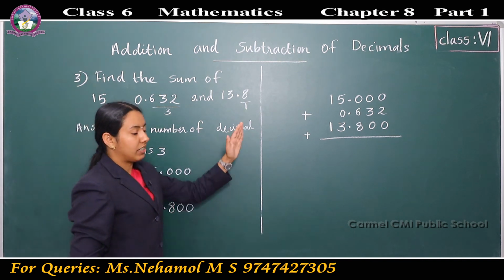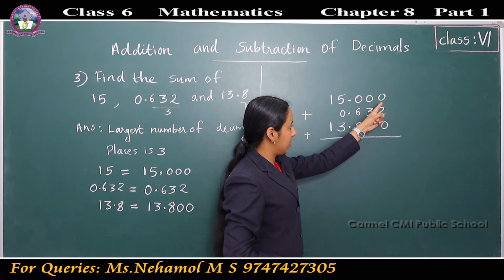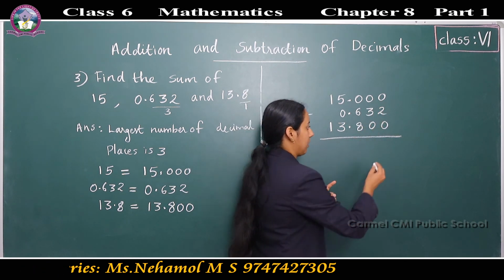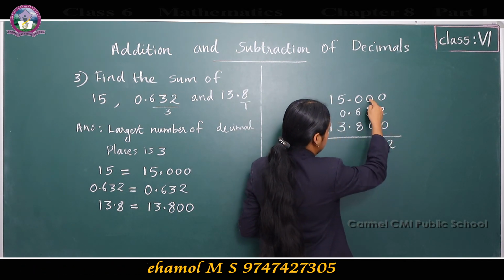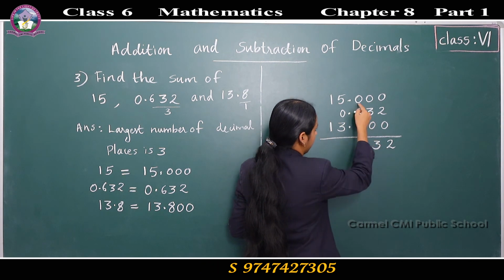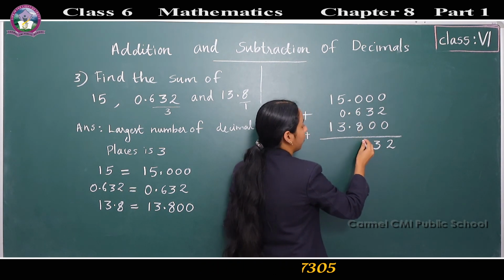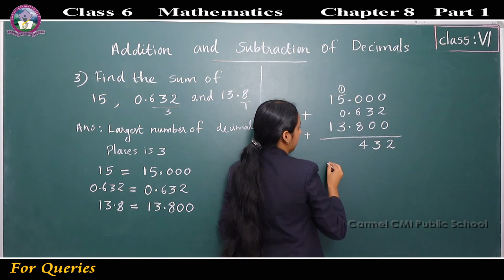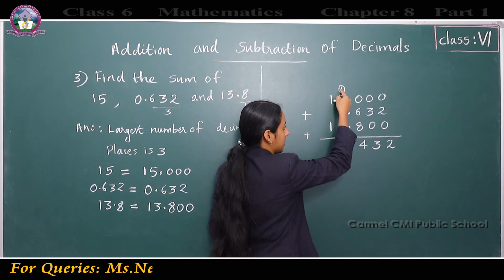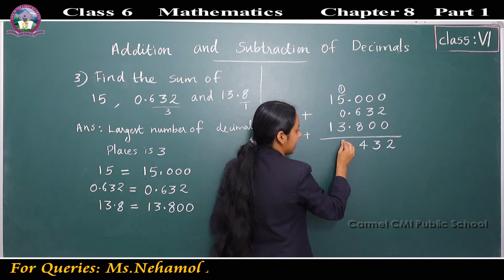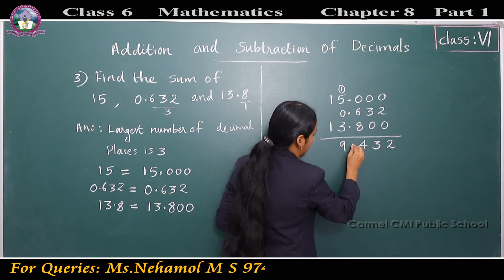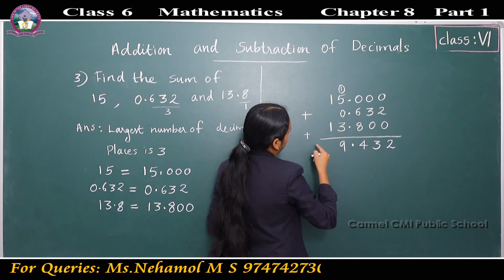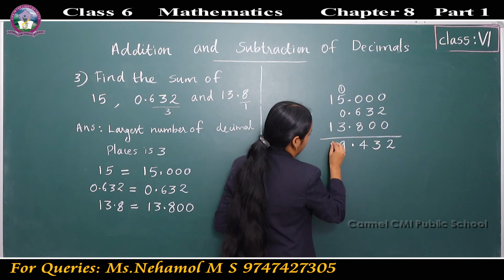Now we can directly add the numbers. 0 plus 2 is 2. 2 plus 0 is also 2. 3. Then 6. 6 plus 8, 14. 4 here. Carry 1. 5 plus 1 is 6. 6 plus 3 is 9. Put the decimal point itself here. Then 1 plus 1 is 2.